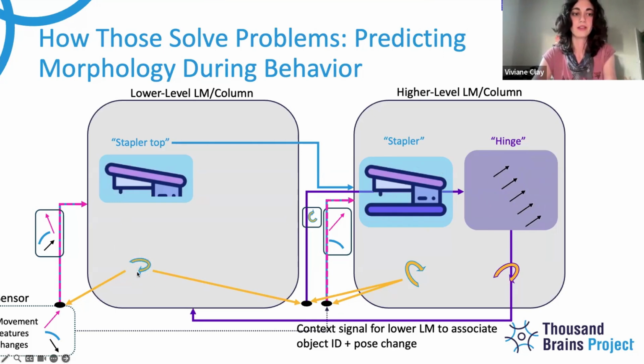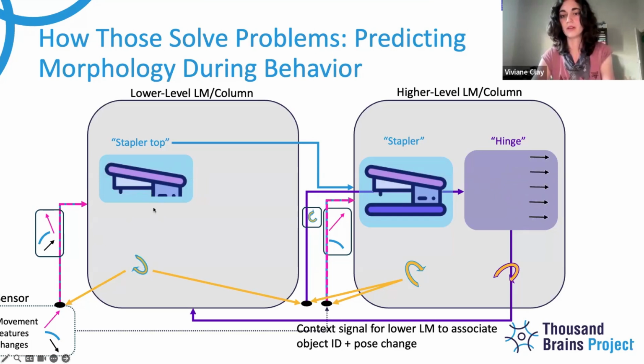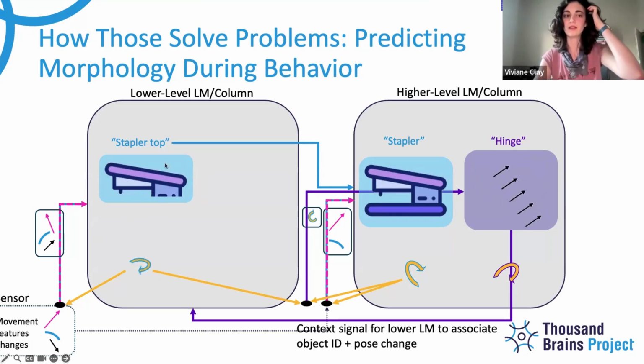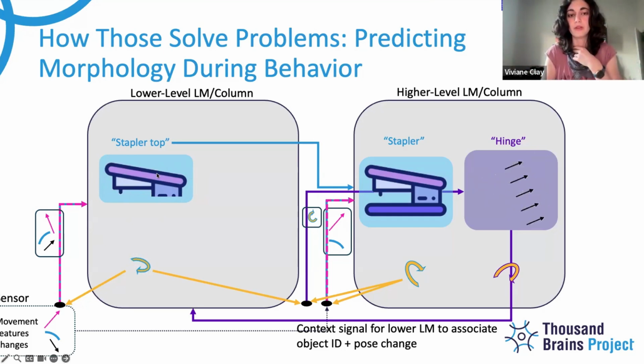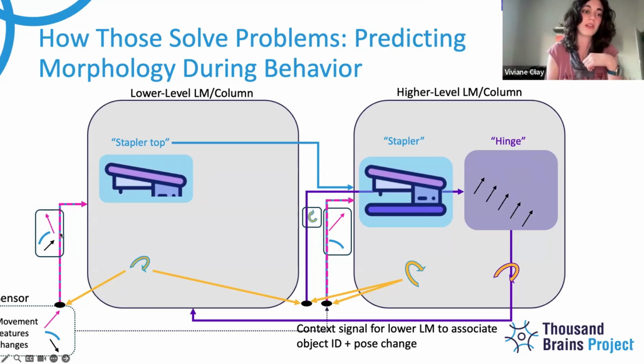If that expected orientation is updated, then all of the input for the child object is in the correct reference frame, and all the predictions about its morphology would be correct. It has a detailed model of the stapler top, so it can predict all of its morphological features. We wouldn't have to learn any keyframes or anything like that. We would just use this behavior to know how to modify the incoming movement vector to still be correctly located in the child's reference frame.